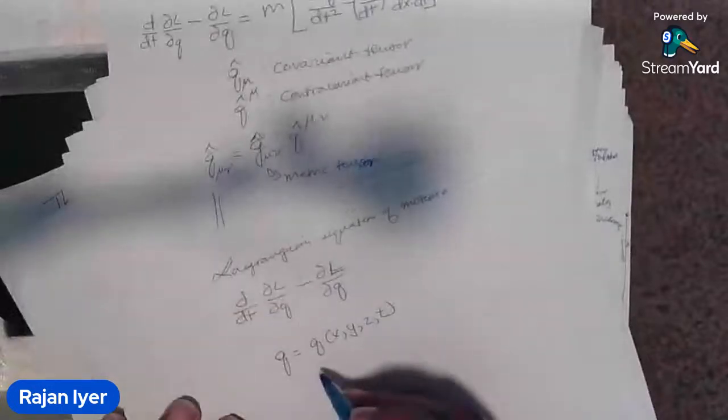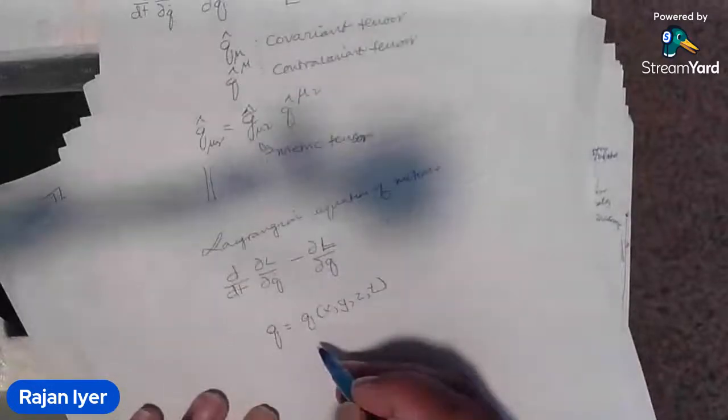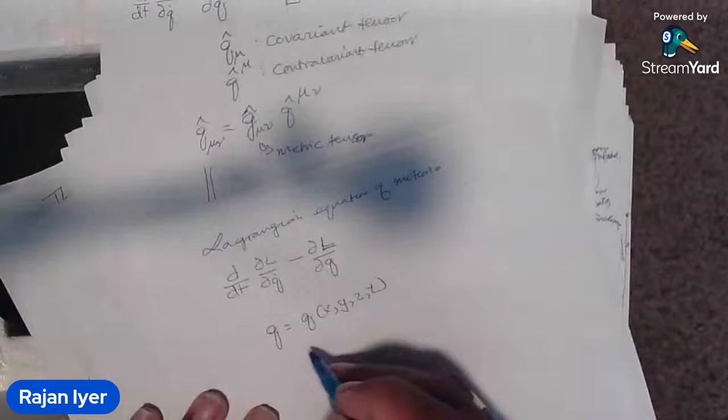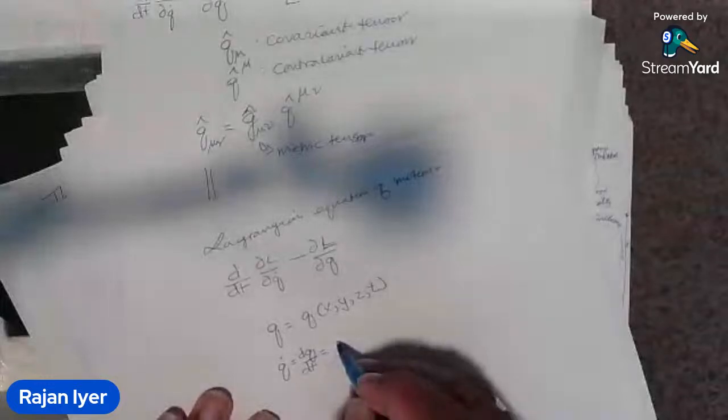Yes. Again, the q prime, when we do that, is nothing but dq by dt. Now in this case, this also becomes dq of x, y, z, t over dt, right?